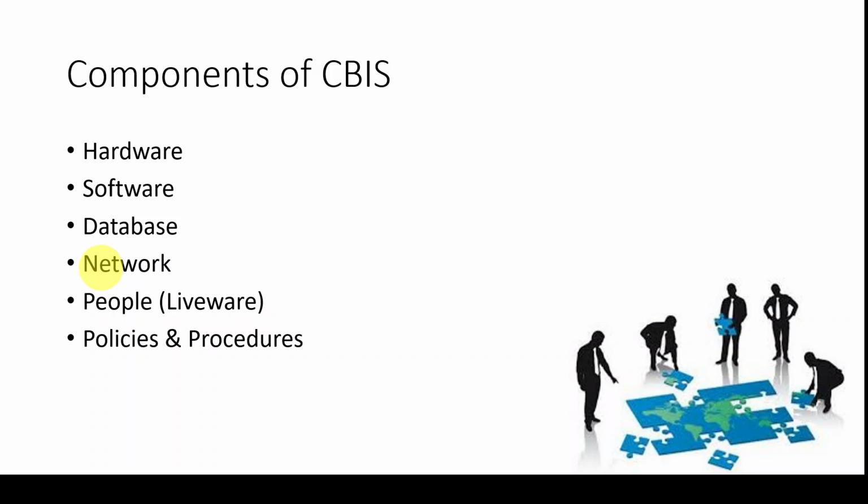Then we need people to enter data, to manage the systems, security and monitoring, take backups, and recovery. So still we rely on humans to some extent. So we call them the liveware or the people factor. And finally we have the policies and procedures. Especially because the people factor is there, we still need some control over the people. So therefore we need policies and procedures as well.